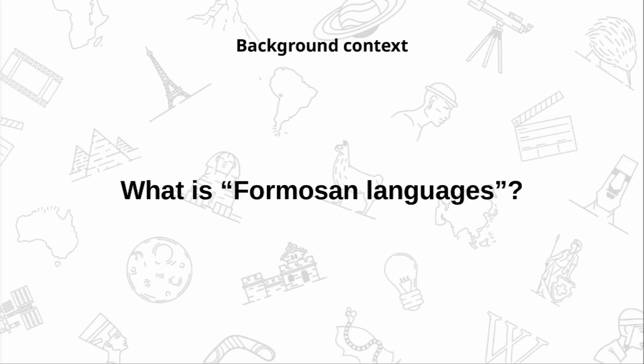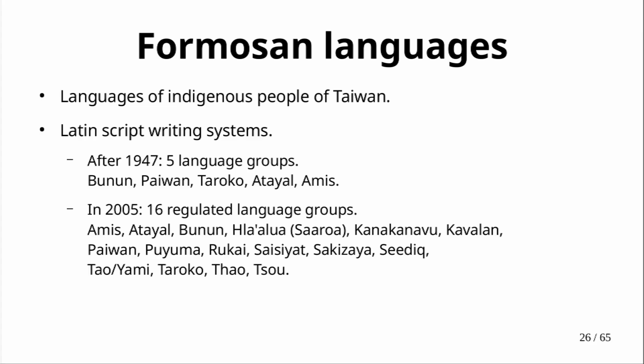And then what are Formosan languages? Formosan languages are a group of languages used by indigenous people in Taiwan, and all of them use Latin script writing systems. There were 5 language groups identified in 1944.